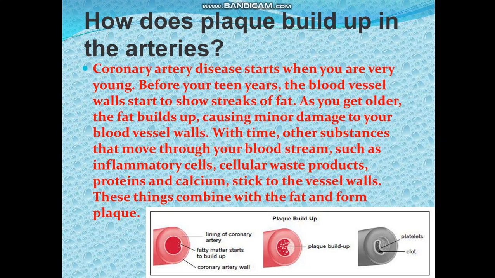With time, other substances that move through your bloodstream, such as inflammatory cells, cellular waste products, proteins, and calcium, stick to the vessel walls. These things combine with the fat and form plaque, as you see in the figure below.